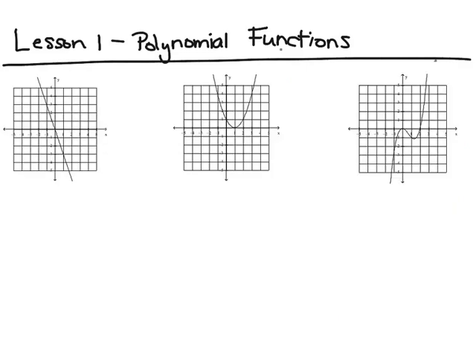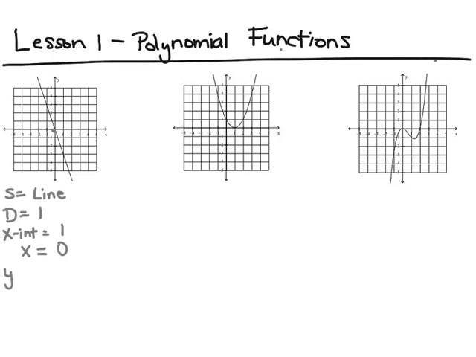Okay, for the following graphs, we want to determine the degree, shape, intercepts, end behavior, turning points, domain, and range. So for the first one, we can tell our shape is a line, which means that the degree is 1. We know that there is one x-intercept, and it's right here at x equals 0.